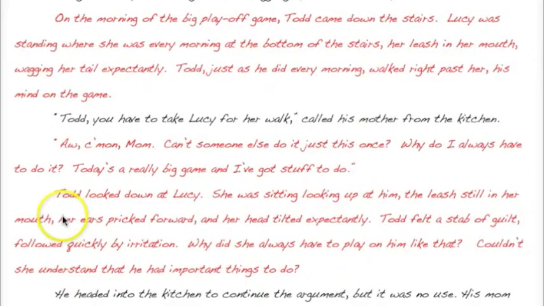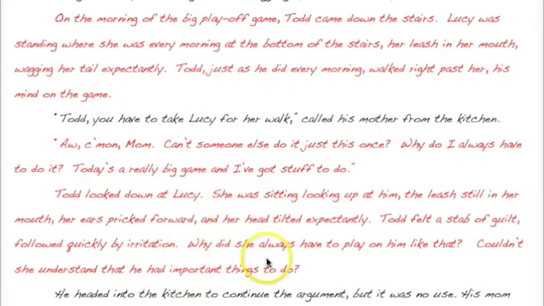So over here, I have it in the story again. "Todd looked down at Lucy. She was sitting looking up at him, the leash still in her mouth, her ears pricked forward and her head tilted expectantly. Todd felt a stab of guilt, followed quickly by irritation. Why did she always have to play on him like that? Couldn't she understand that he had important things to do?"